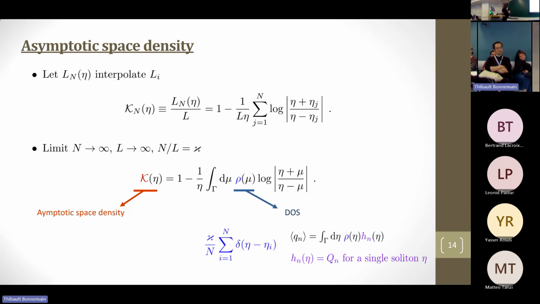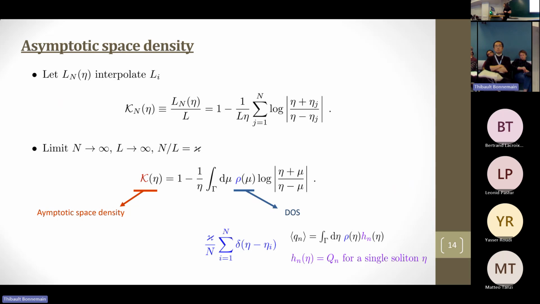Here the density of states is constructed from the empirical density of spectral parameters. The spectral parameters are random variables, so the empirical density is a random object, but in some large n limit, this becomes deterministic according to the law of large numbers.